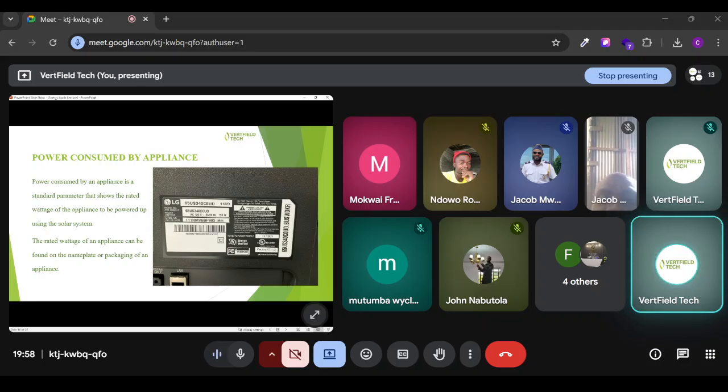That one is frequency. Tell us who else can give us the energy consumed by this appliance. Just unmute yourself, touch your screen and touch your microphone. Just one value there is the energy consumption, not two values.